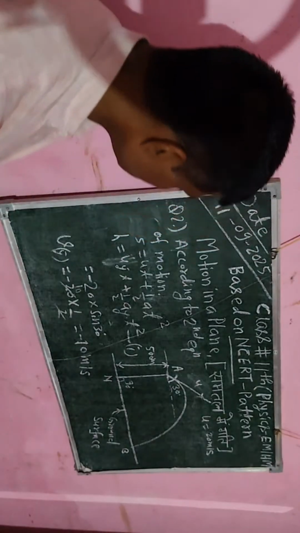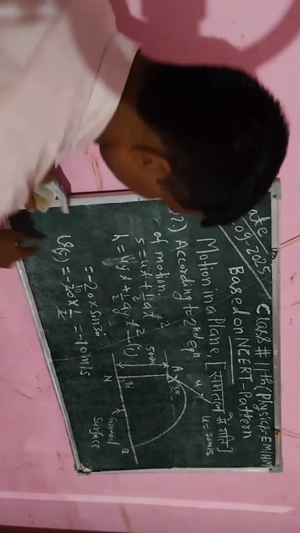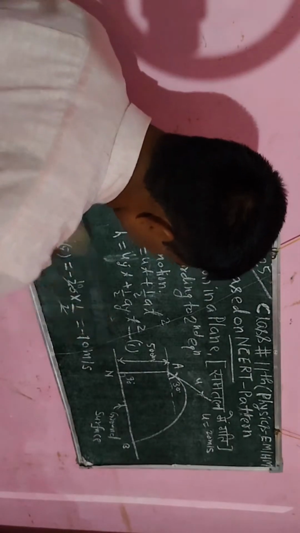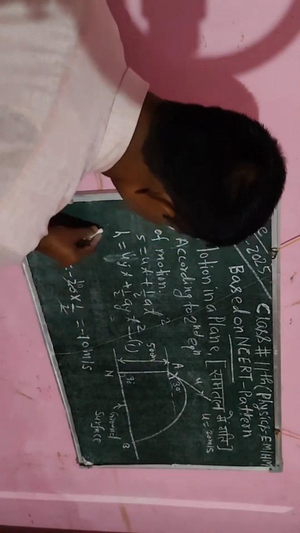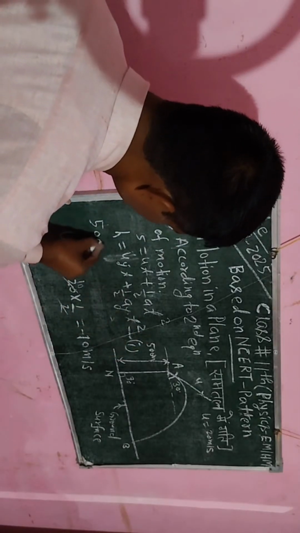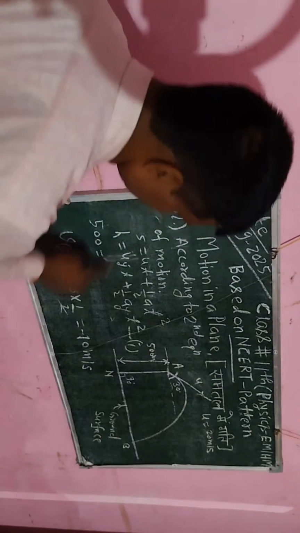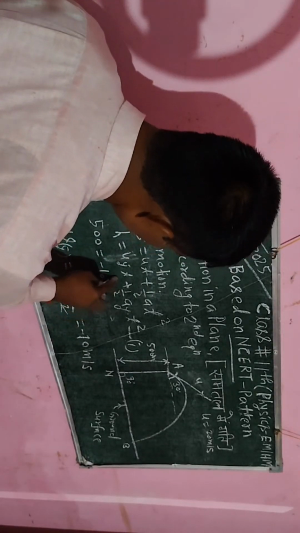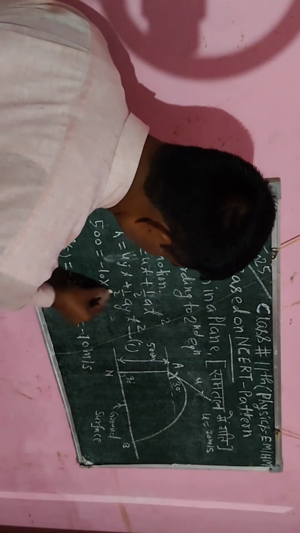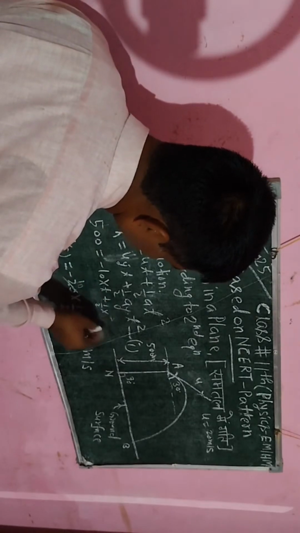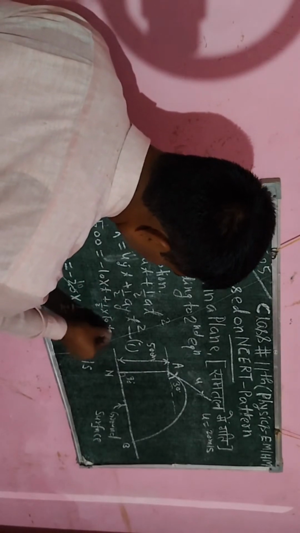Okay, so the value of uy is -10. I have to substitute it in the above. So in the place of h I have to put 500, and in the place of uy, that is -10, I write -10 into t, and then plus half ay, that is 10 into t square.